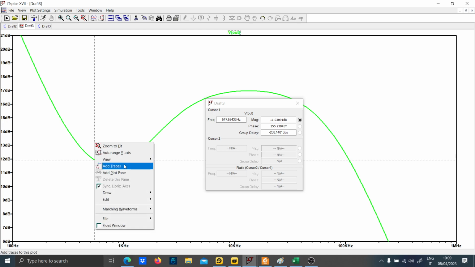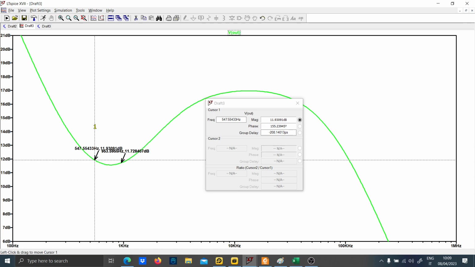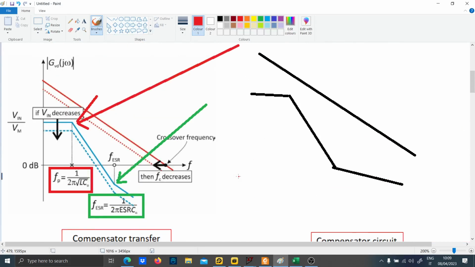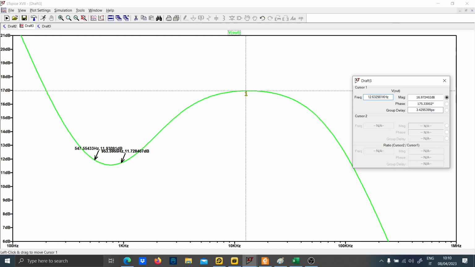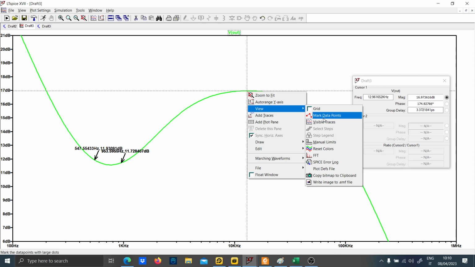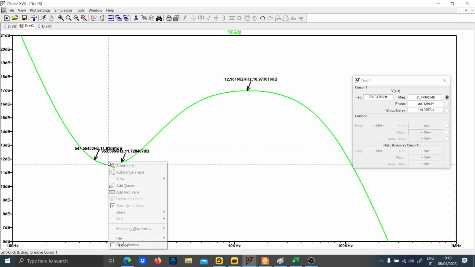Yeah, more or less it is like I designed. Of course, in a real transfer function, don't expect to have something so linear like this. As you can see, it is very, very curvy, so don't expect to find the poles so easily. So this is 60 dBs, and here should be 10 dBs. Sorry, 11 dBs.